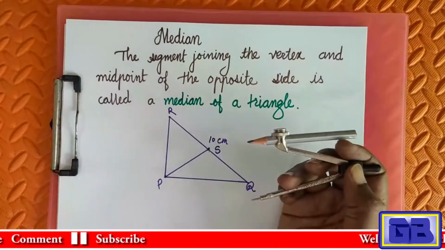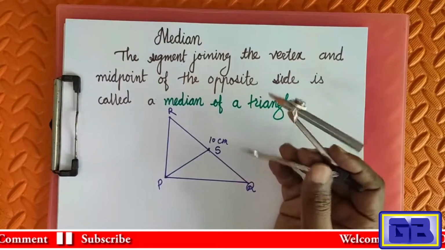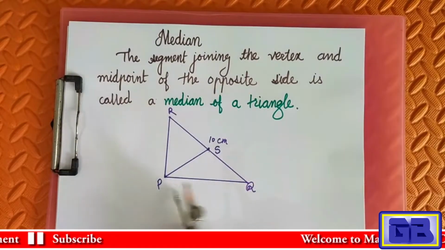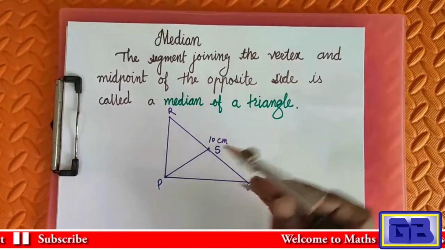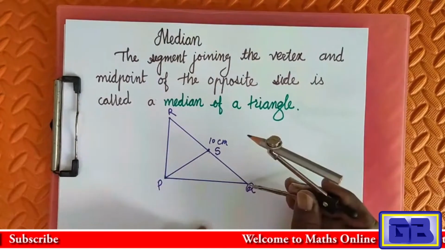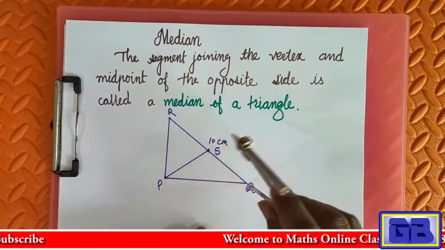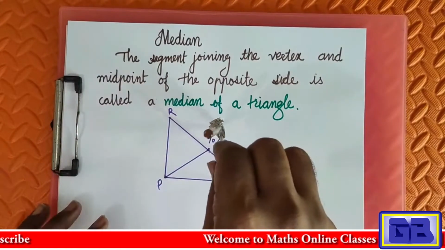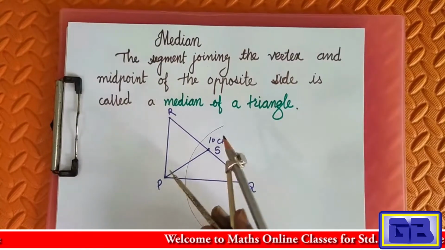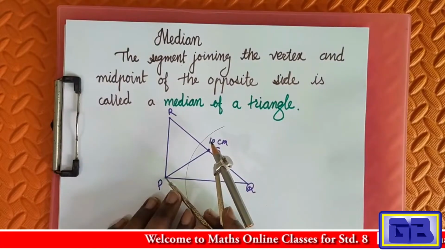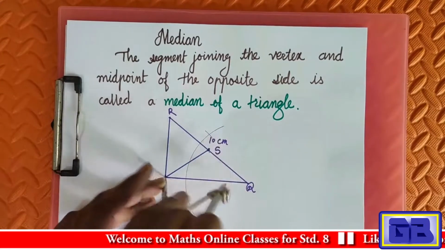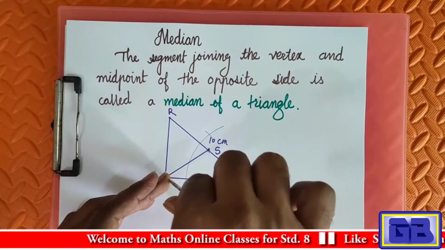I will take a compass, and suppose we have to find the midpoint of the side PQ. I will take a span more than half. I will keep the pointer on point Q and draw a big arc. With the same span, I will keep the pointer of the compass on point P. I will intersect here and also down.